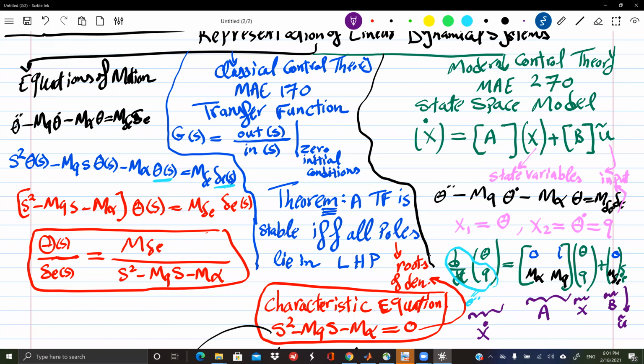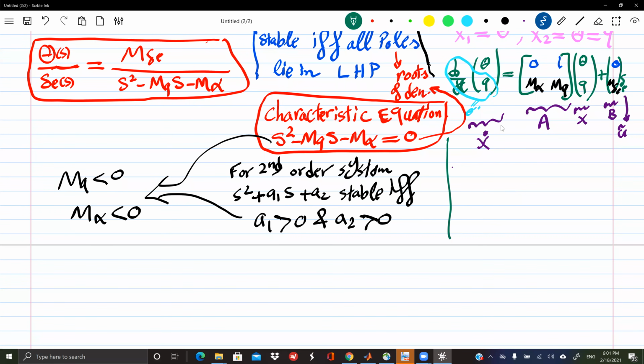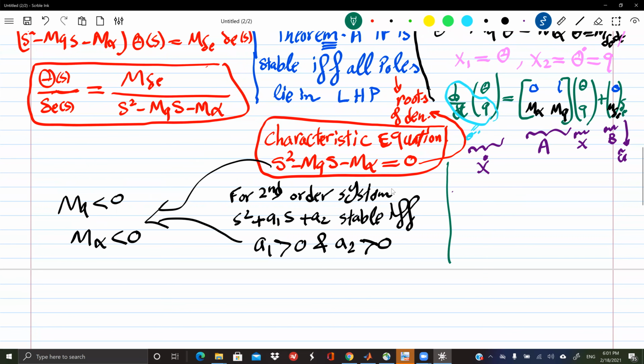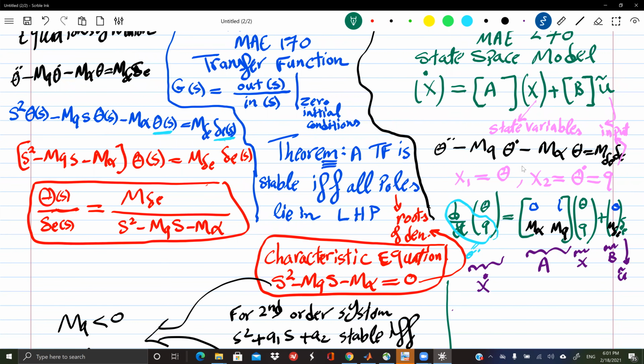So, theorem. What is your theorem here? In the classical setting, the theorem was in terms of your language, the transfer function, so it was really in terms of the poles. Here, the theorem would be in terms of the A and B matrices. So here is the theorem.